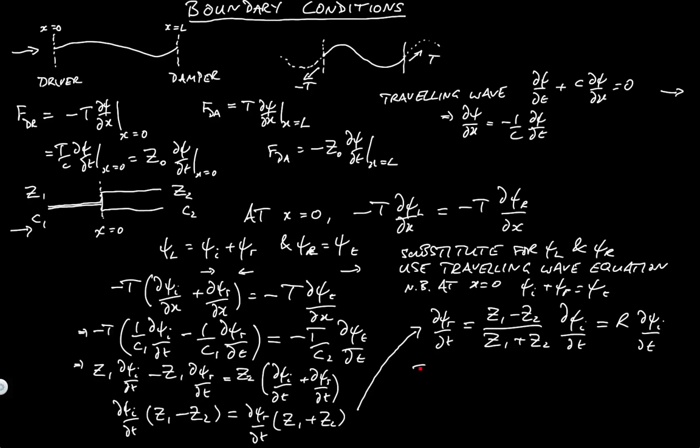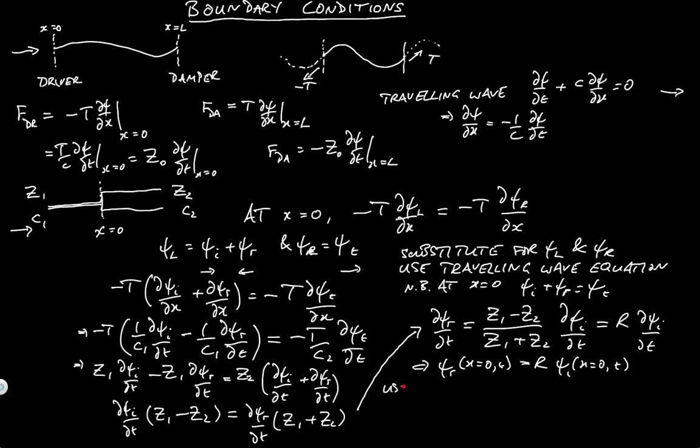From that, you can derive the fact that psi r at x equals 0, comma t, must equal R psi I of x equals 0, comma t. You can do that by integrating, or you can just argue that since the reflection coefficient is going to be time independent, the only way that we could get the condition on the velocities is to have the condition on the reflection coefficient.